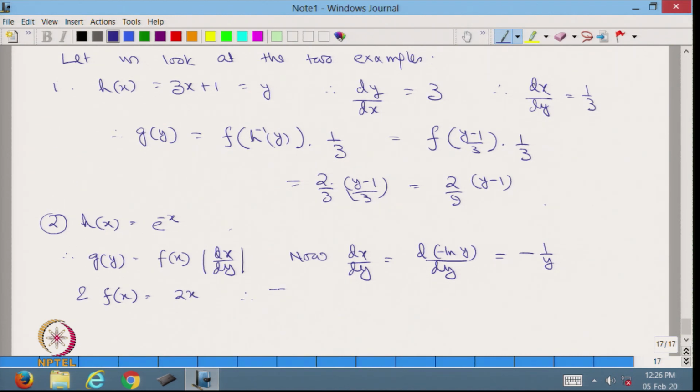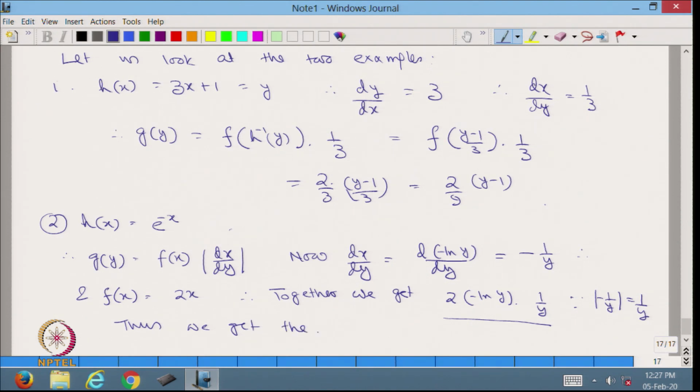Therefore, together we get 2 into minus log y into 1 upon y, because modulus of minus 1 upon y is equal to 1 upon y. Thus, we get the same result.